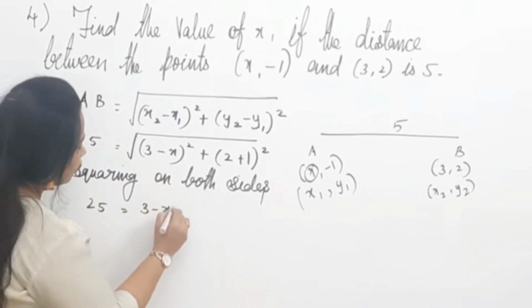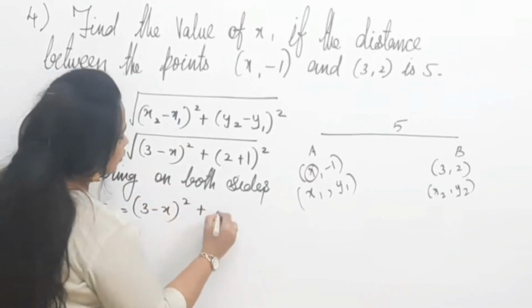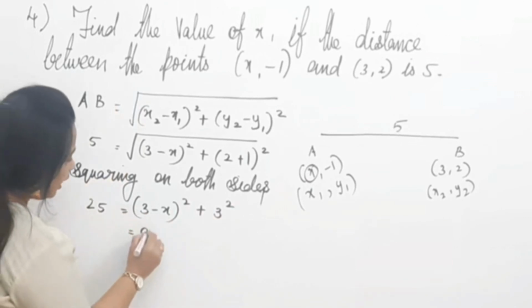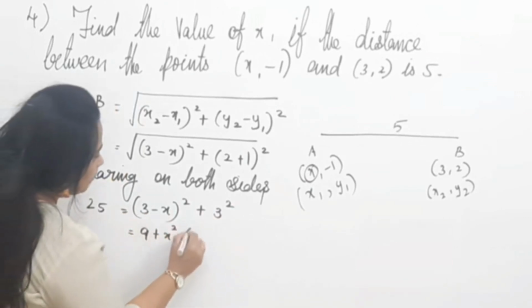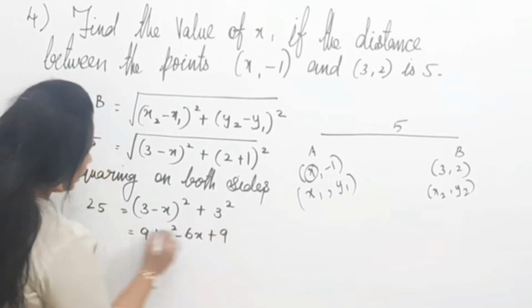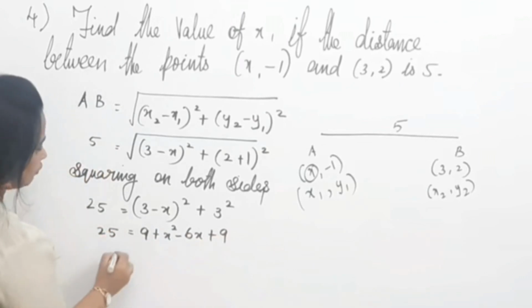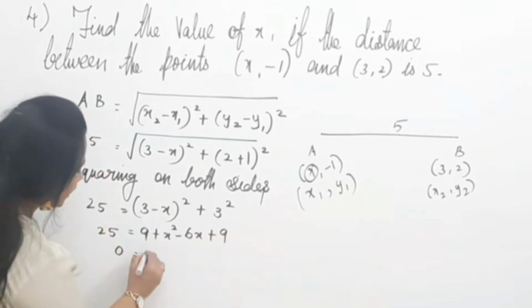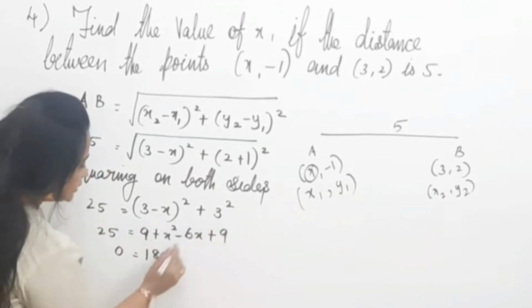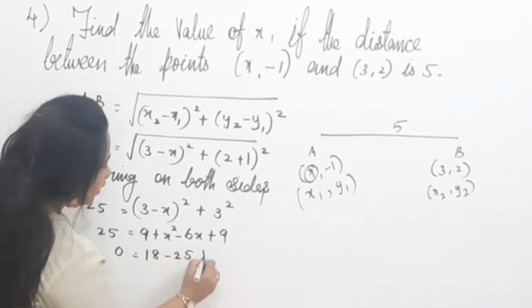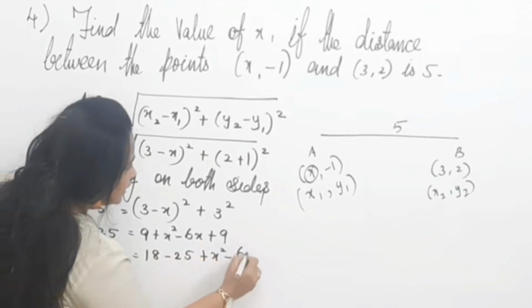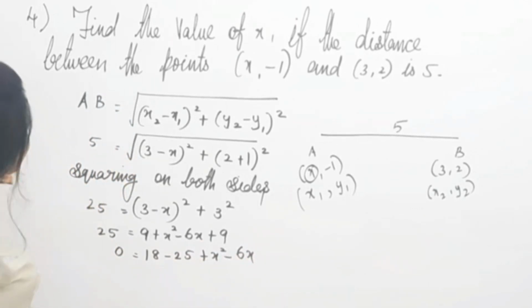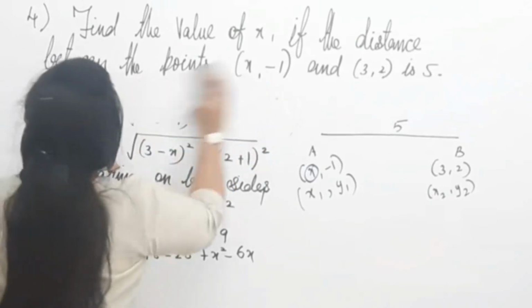So I would have my (3 minus x) the whole square plus 3 squared, which is equal to 9 plus x squared minus 6x plus 9. That's equal to 25. Now I bring the 25 to the other side. That becomes 18 minus 25 plus x squared minus 6x. Now I simplify further, that becomes my equation.